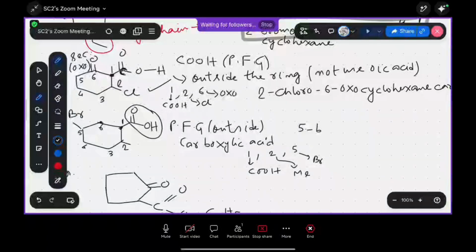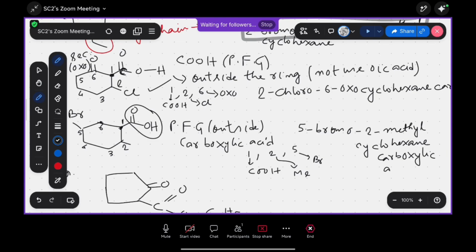It is 5-bromo, then 2-methyl, and then we have cyclohexane carboxylic acid. Again, because it is outside the ring, carboxylic acid.